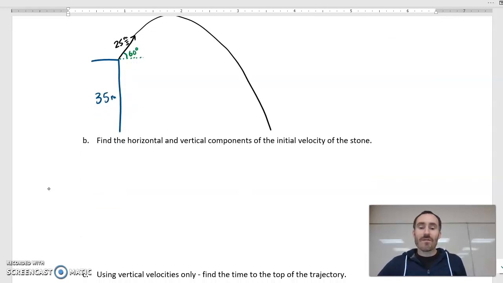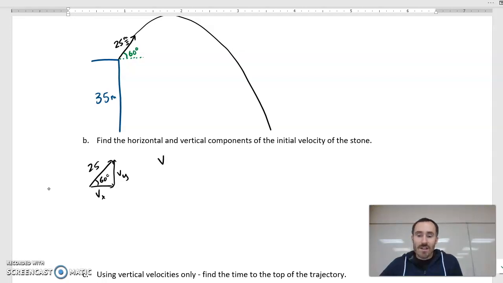Find the horizontal and vertical components of the initial velocity. That's a standard thing that you're going to do in all projectile problems. If we know that the total velocity is 25 meters per second, and we're splitting it into a horizontal and vertical velocity with a 60-degree angle, then this is Vx and this is Vy.